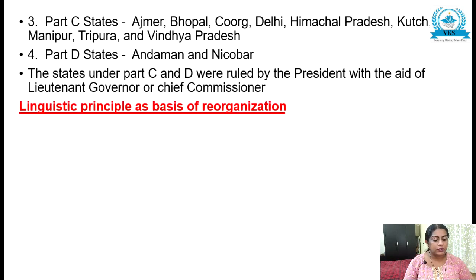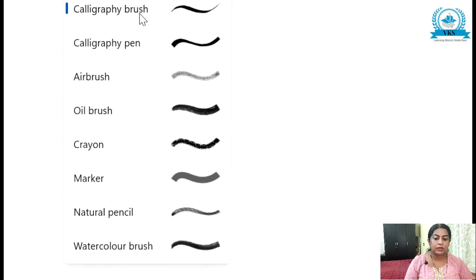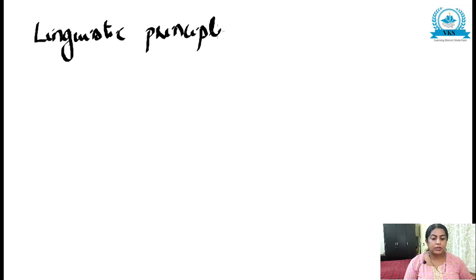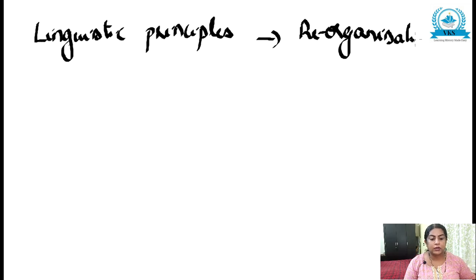Now let us move on to the next topic, that is linguistic principles as the basis of reorganization. How were the states reorganized? Based on linguistic principles, that is language. So that is the next topic.